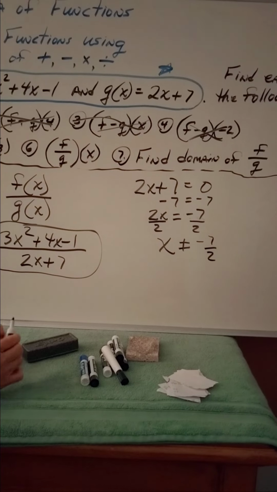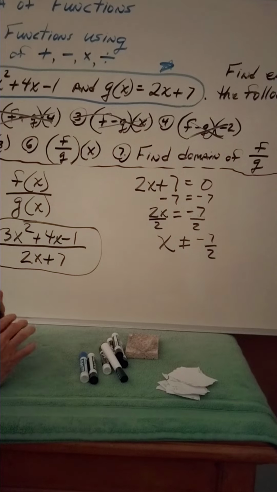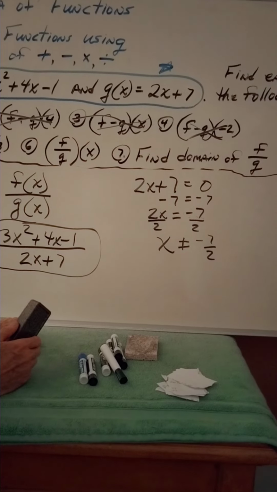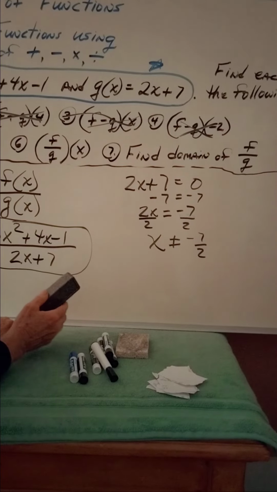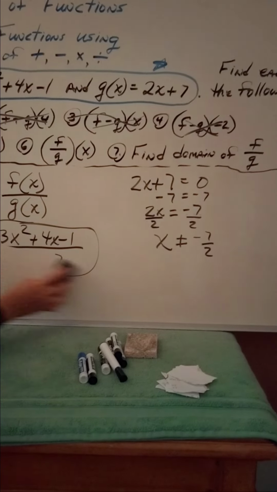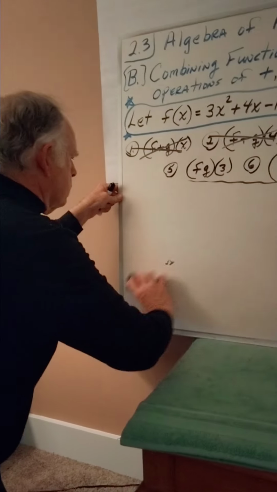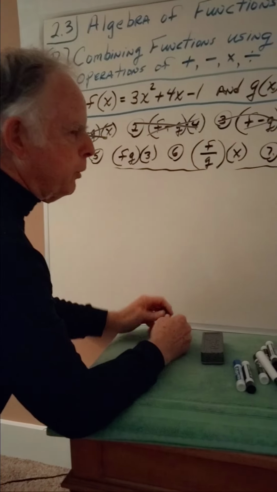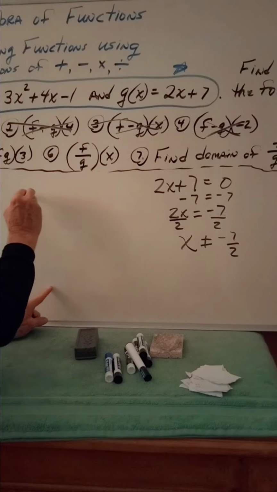It can't be negative 7 over 2. It cannot be negative 3.5. It cannot be negative 7 over 2. But it can be any value that is less than negative 7 over 2, or any value that is greater than negative 7 over 2.